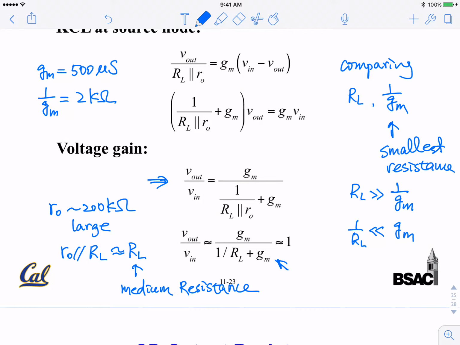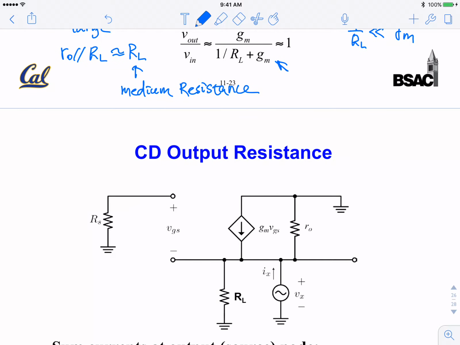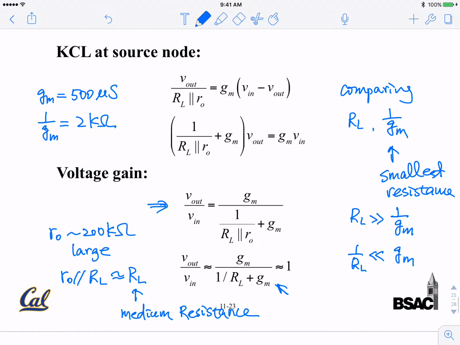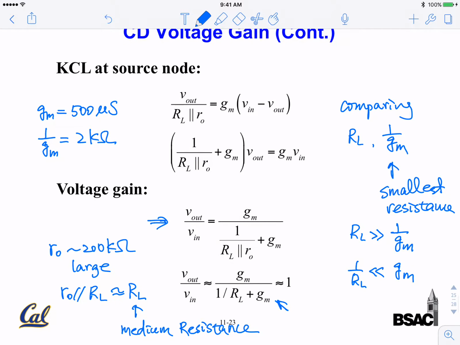So it is a unity voltage amplifier. This is the counterpart of the common gate, which is a unity current amplifier. In other words, it is a voltage buffer, with unity voltage gain.